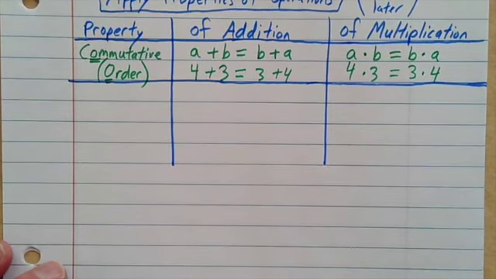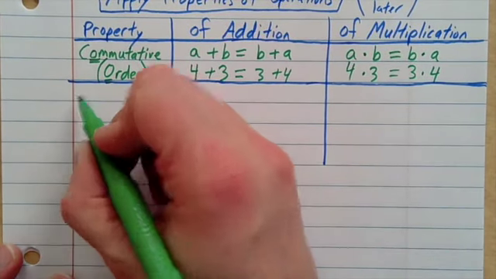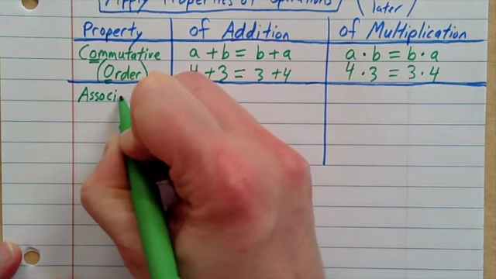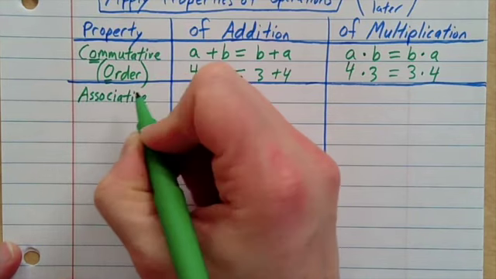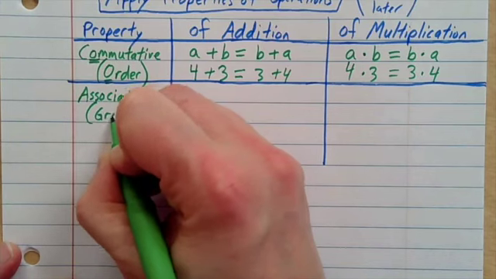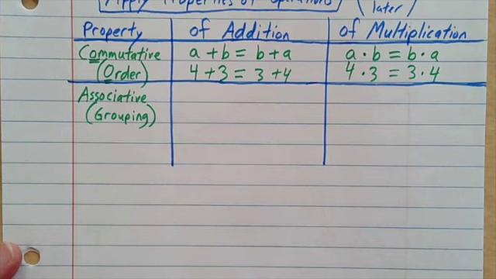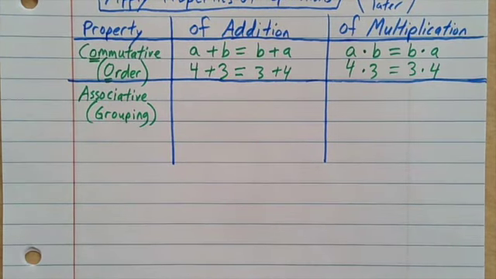The next one is called the associative, which is about grouping. And grouping, a lot of times you see with parentheses.